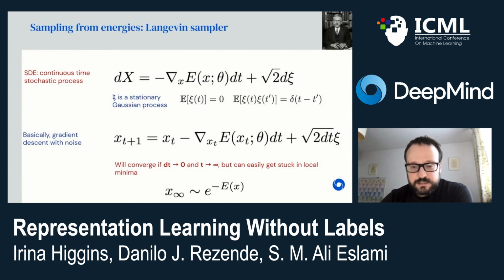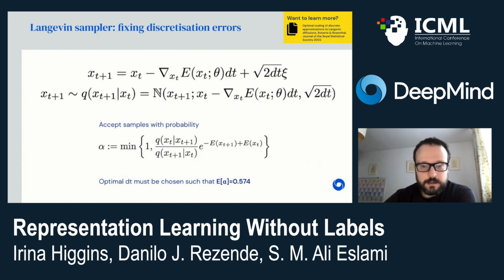But the nice thing is that we can prove that such a simple sampler will converge to a sample from the target density if you wait long enough. In practice, because we have to discretize time, this guarantee is lost and it becomes approximate.